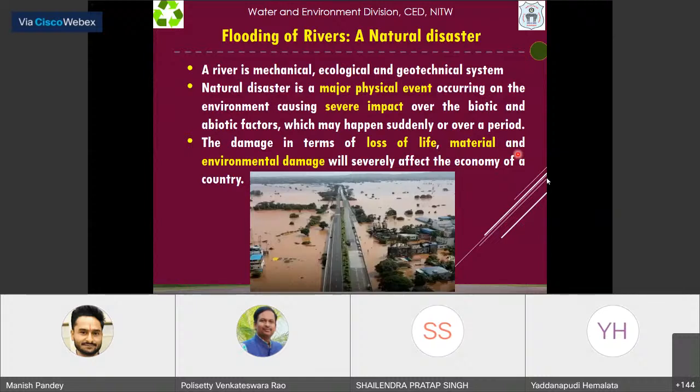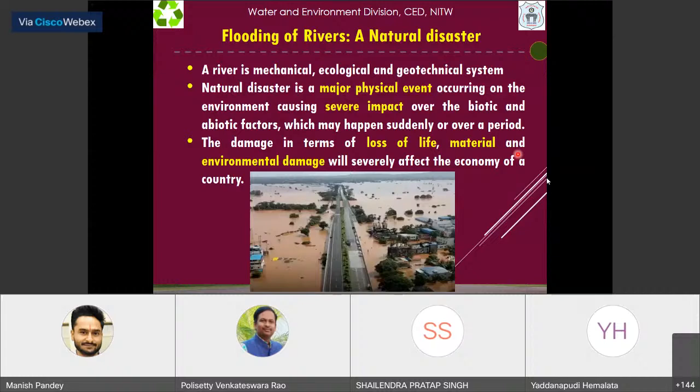And the flood we are talking about, a river flood or river hazard, I can term it a natural disaster. I can categorize it as a major physical event generally occurring in the environment, causing severe impact over biotic and abiotic factors. The biotic factors getting impacted are those living within the river as well as in the adjoining areas.